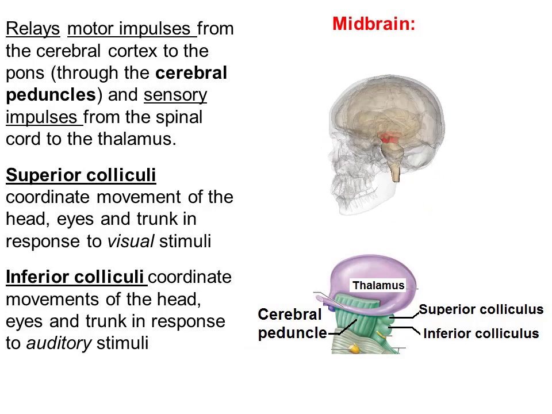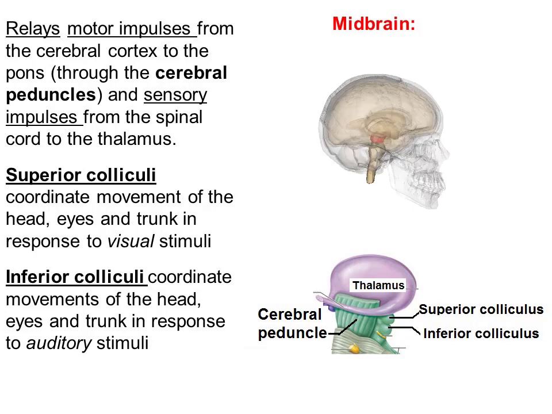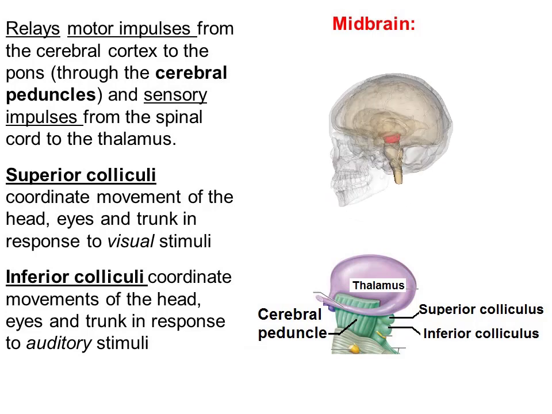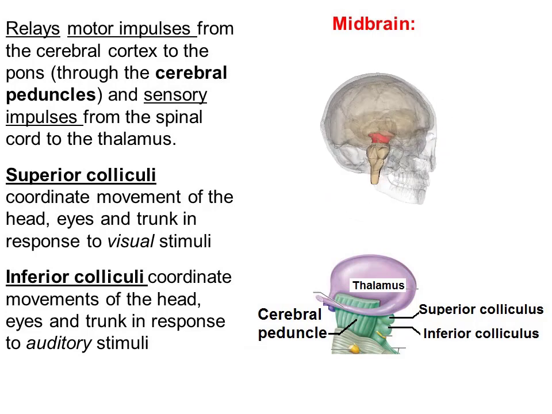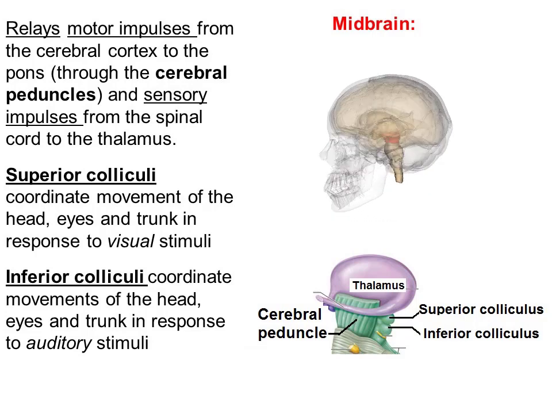Now, this is a little bit different look. As we look at our thalamus, this is going to be the ventral part, our front. This is going to be the dorsal part or the back of our brain stem.